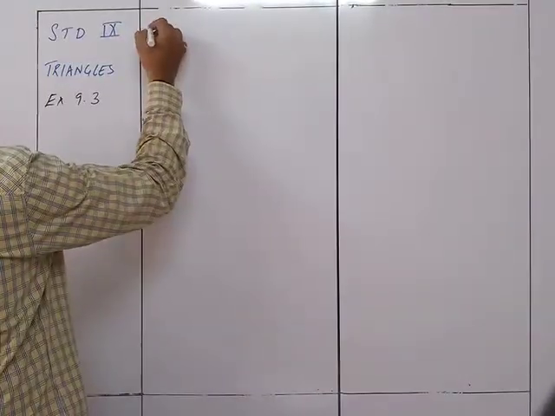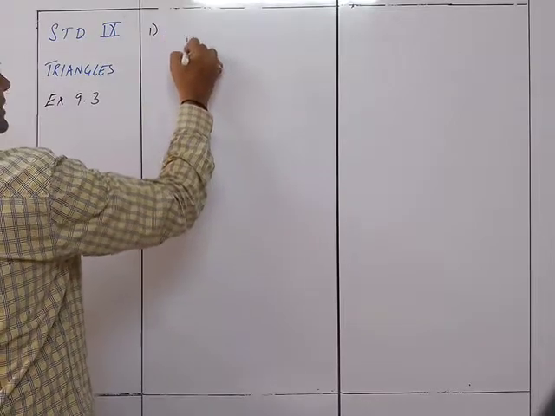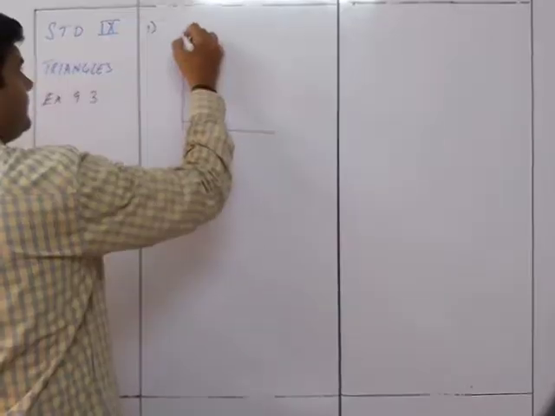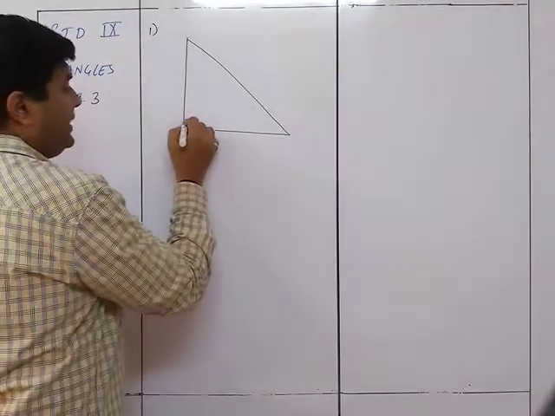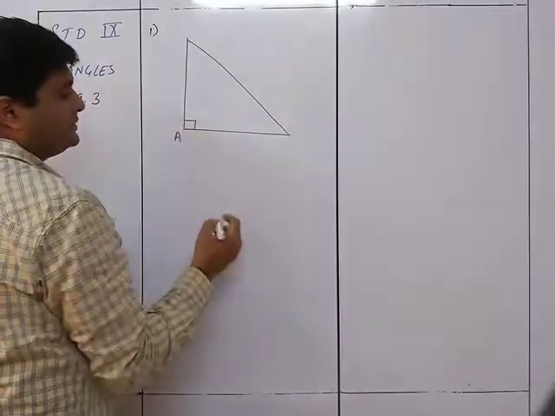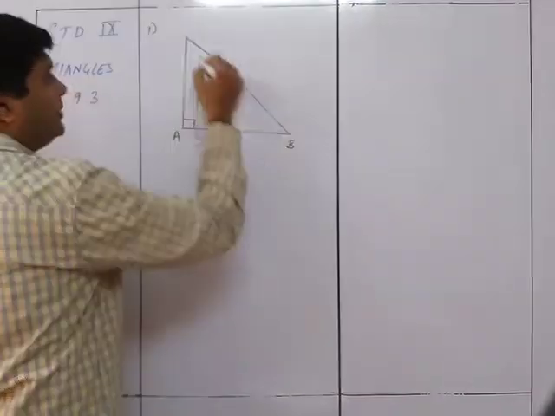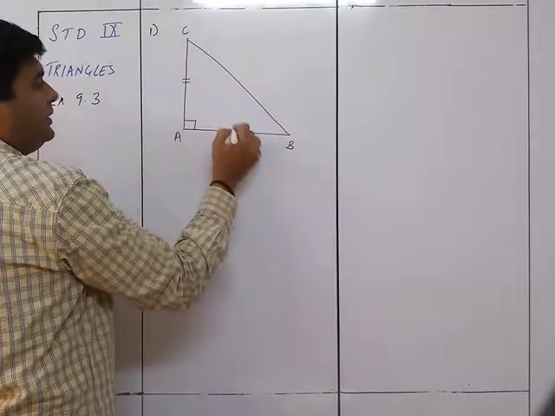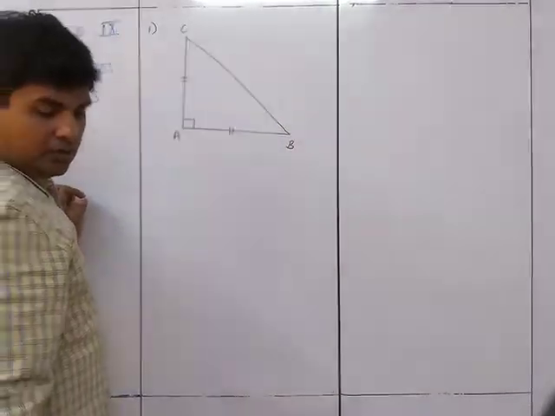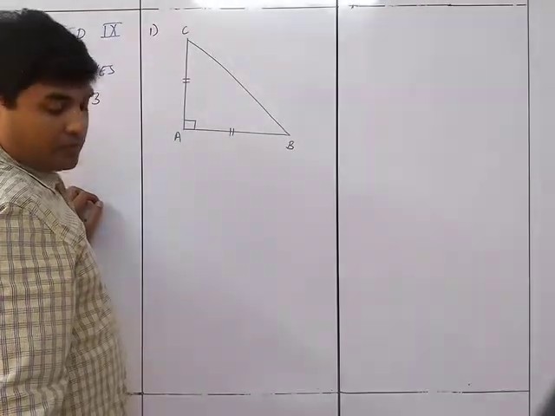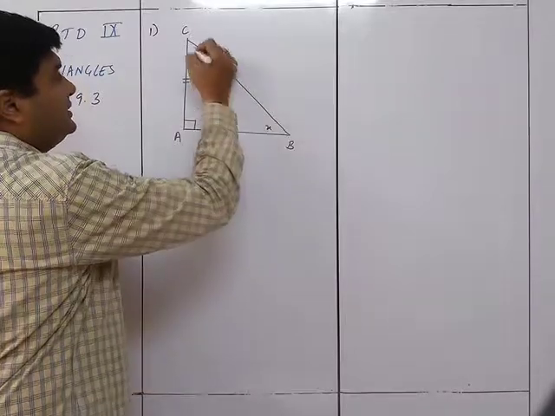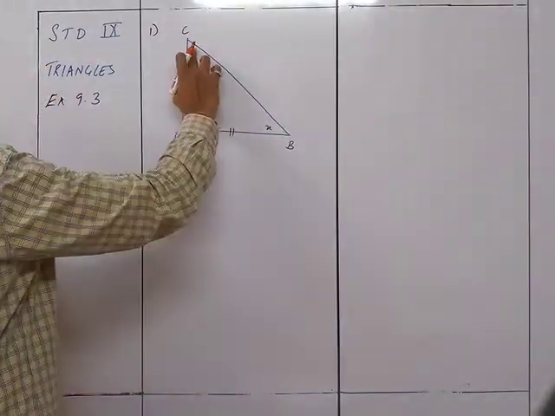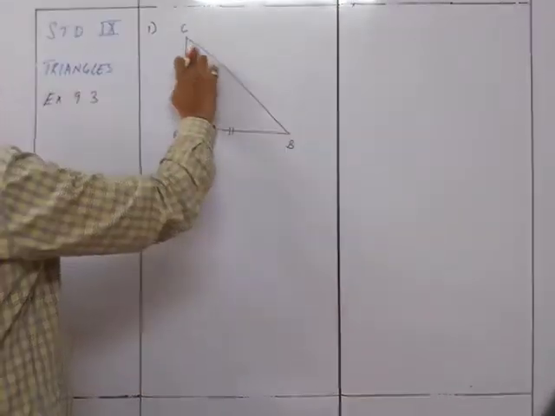So it is this way, that triangle ABC is such that angle A is 90 degrees and BC is over here, and it's given that AB is equal to AC. So we need to find out this angle and this angle.